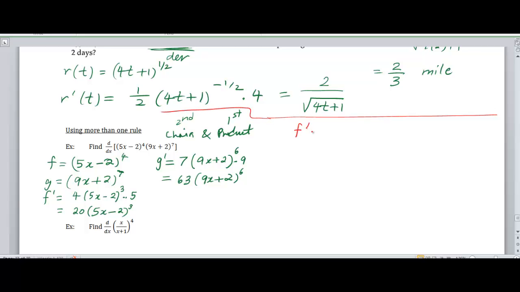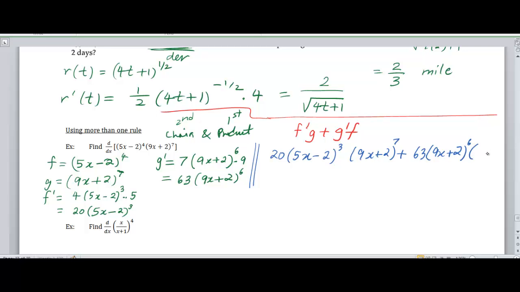So we want f prime g plus g prime f. Remember the product rule? So that is going to be f prime, this 20 times (5x minus 2) raised to the third, times g. G is (9x plus 2) raised to the 7th, plus g prime, here 63 times (9x plus 2) raised to the 6th, and then f is (5x minus 2) raised to the 4th.